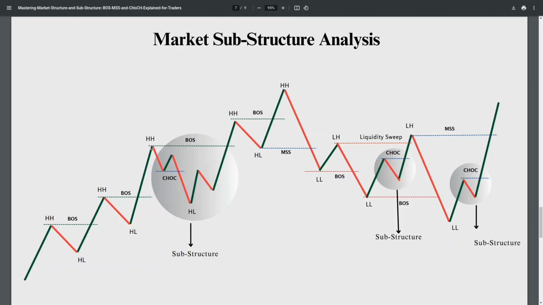Then price, this low here and this high here becomes our key level. So price has to break this level before we consider it a major market structure shift, a change in sentiment. So price forms a low here.